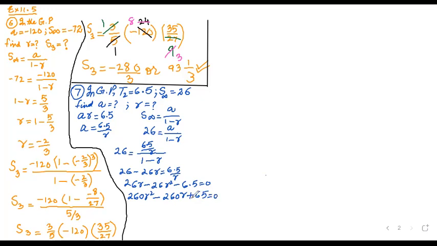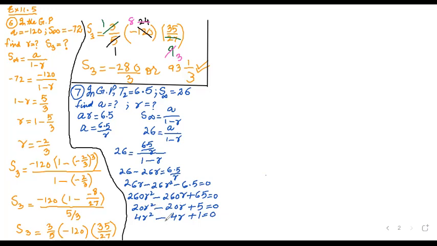Now this can be reduced by dividing the whole equation by 13. So this will become 20R square minus 20R plus 5 equal to 0. This can be reduced further by dividing the whole equation by 5. So 4R square minus 4R plus 1 equal to 0.